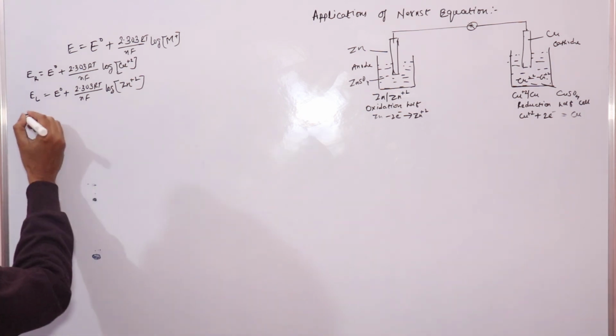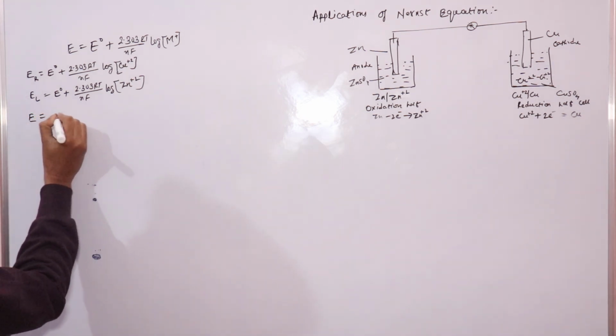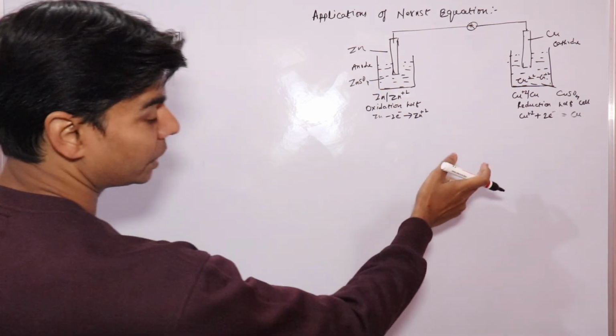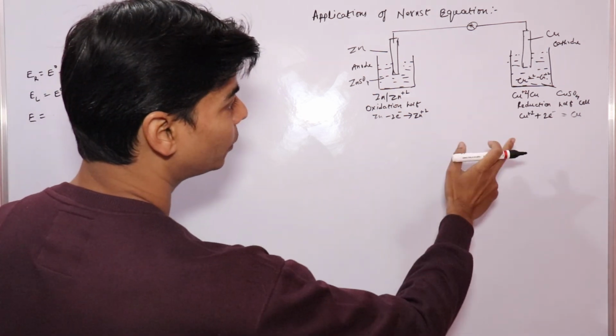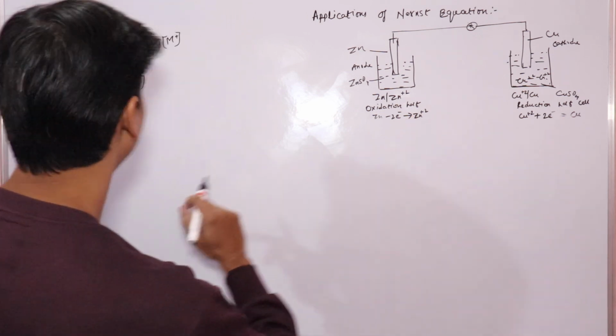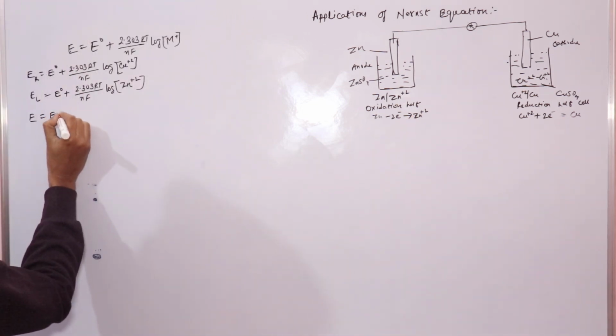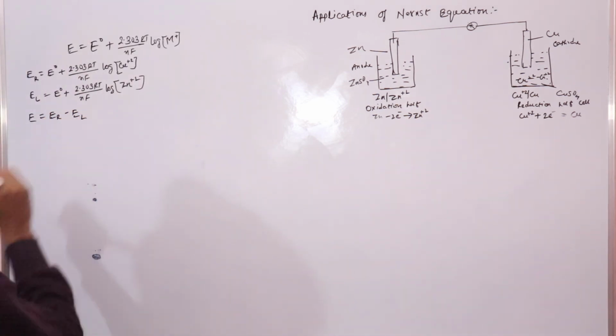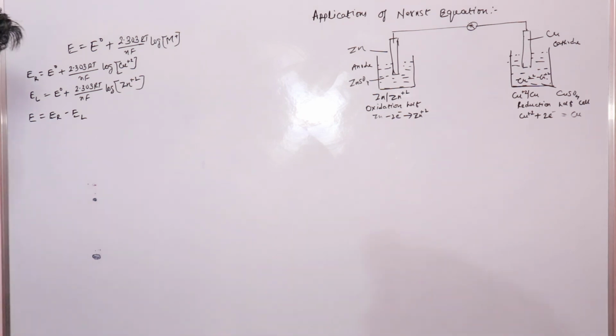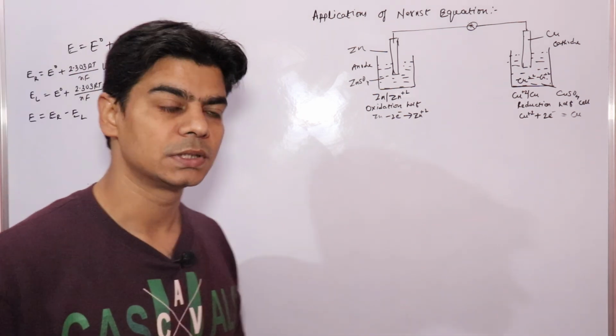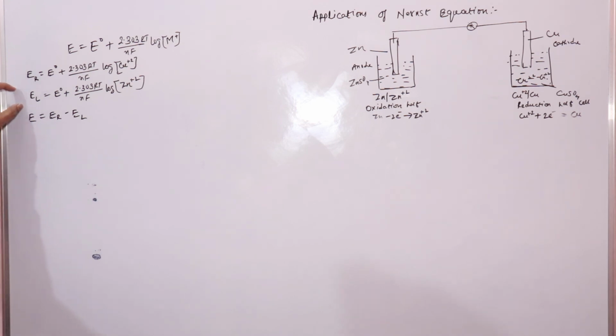It is the difference of the two potentials, E = ER minus EL. These are reduction potentials.